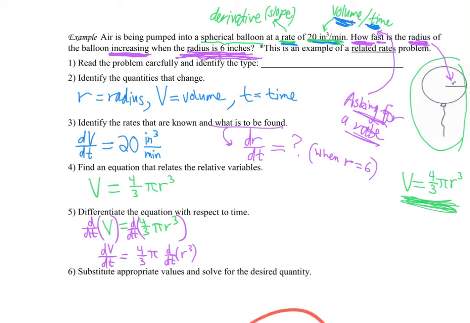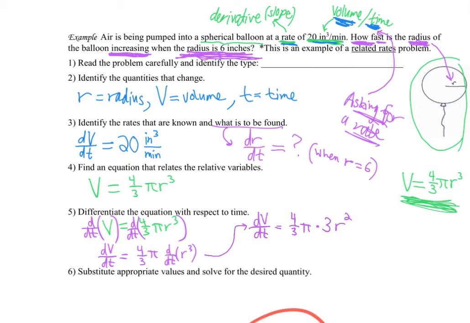This part is going to be very similar to what we were doing in the warm-up questions. Continuing, I have dV/dt equals 4/3 pi times 3r squared.